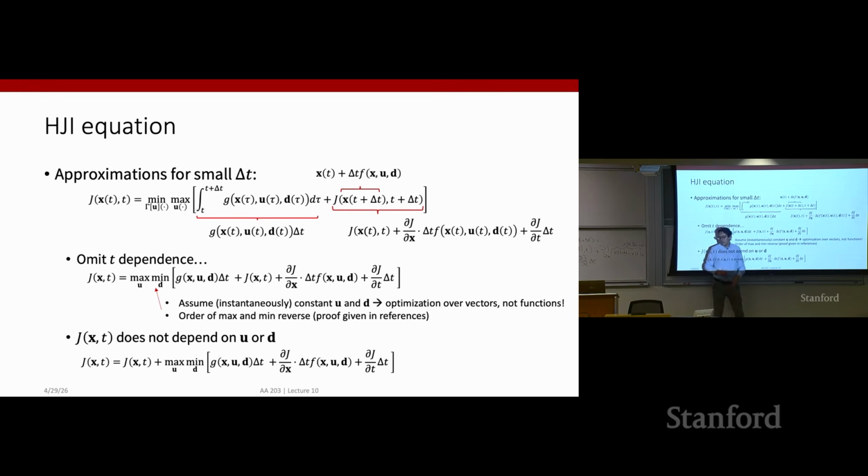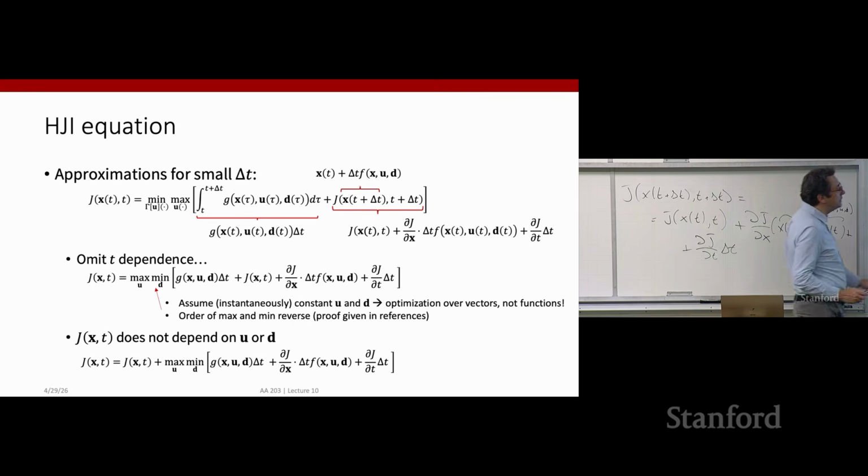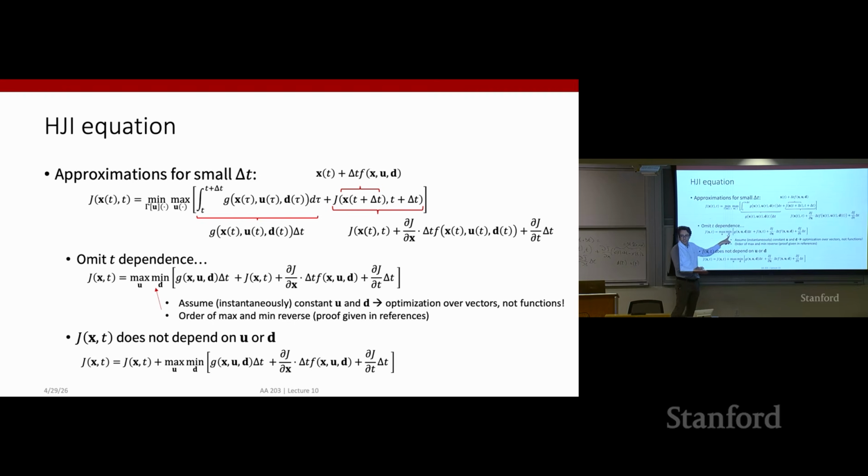But now the part that is tricky is that at this instantaneous scale, I no longer have to choose u and d as a function of time over a continuous interval. Now d and u are evaluated exactly at time t.